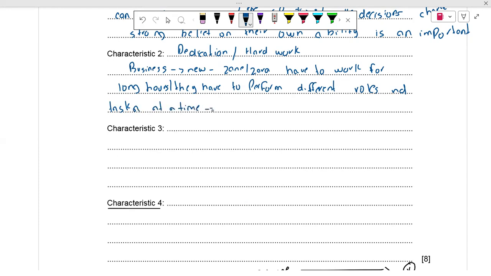So this is also an important characteristic for a successful entrepreneur.